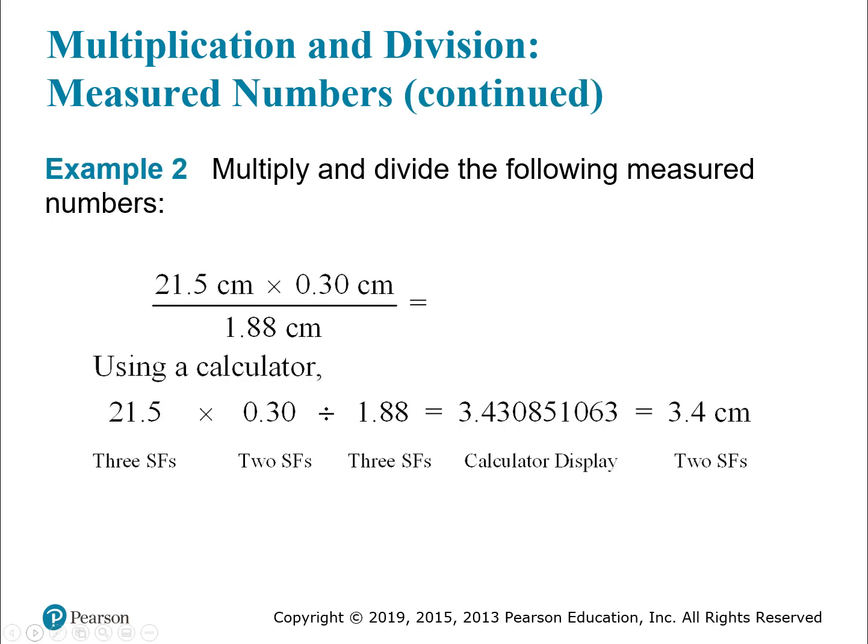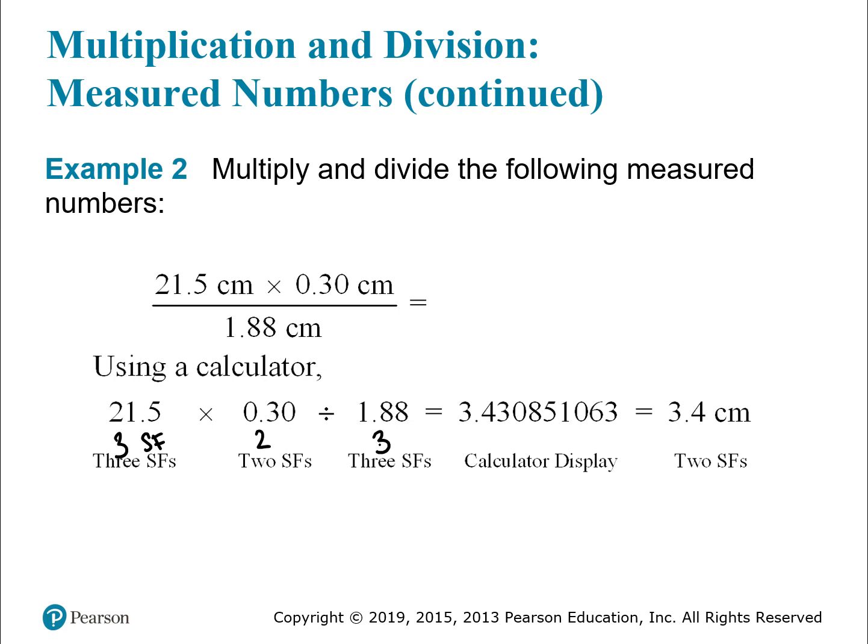So here's another example. Here we're multiplying and dividing. Let's look at all of our measurements. 21.5, that's 3 significant figures. 0.30 centimeters, that's 2. And 1.88, that's another 3.